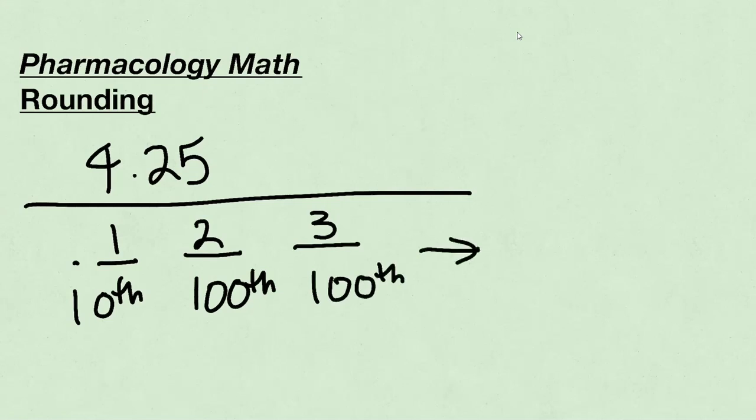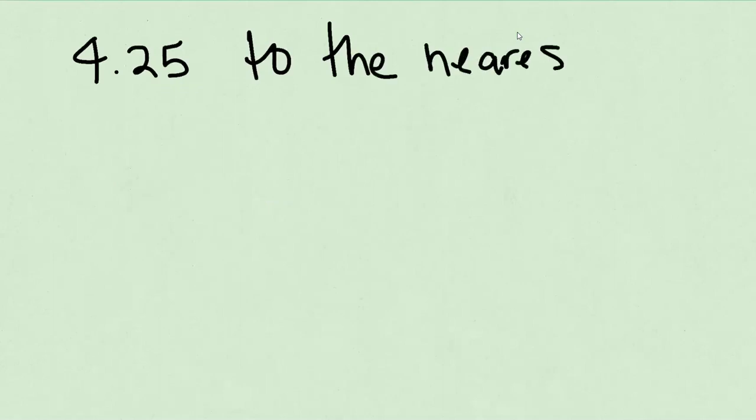So, for example, if I asked you to go ahead and round 4.25 to the nearest whole, this one here is where you're going to look.